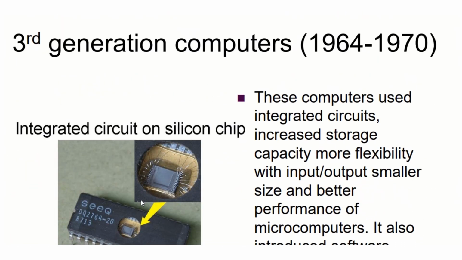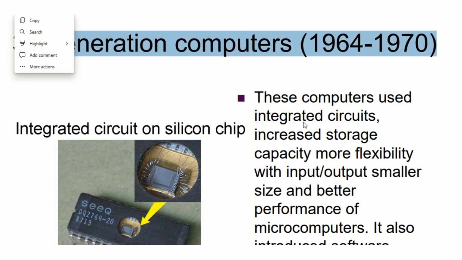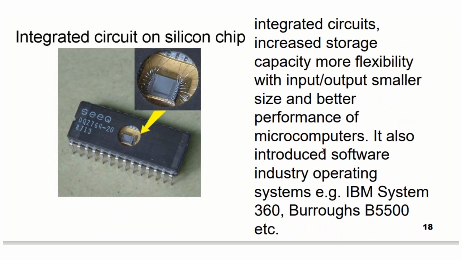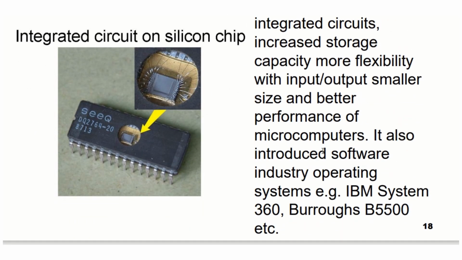We want to look at the third generation computer, which was developed between 1964 and 1970. These computers used integrated circuits to control the internal operation, and they also had increased storage capacity compared to the first and second generation computers. They had better performance.